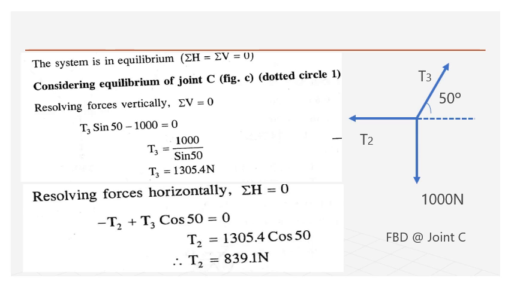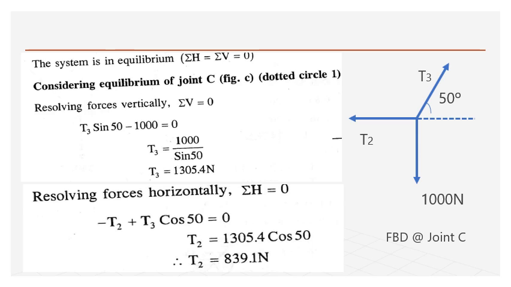See here, by applying the conditions of equilibrium, we have got T2 as 1305.839 and T3 as 1305, right?